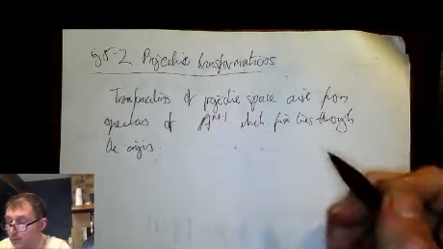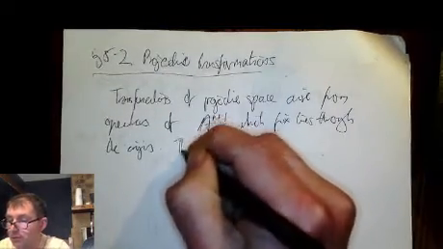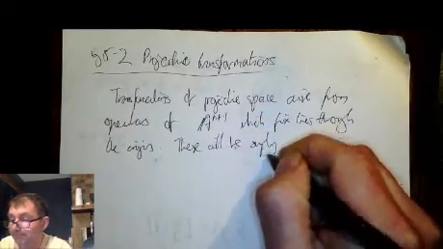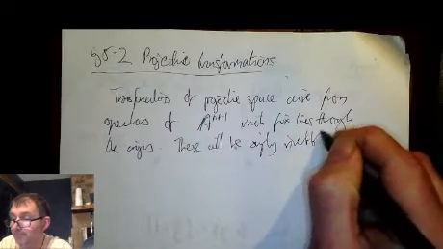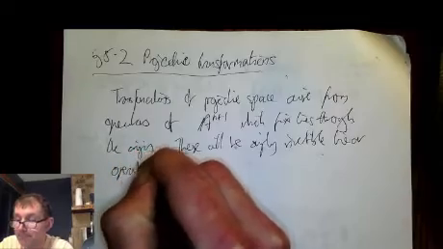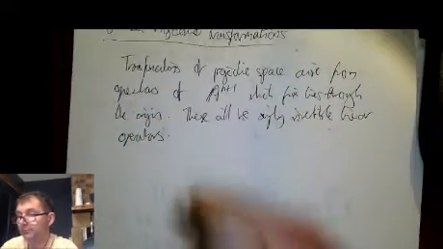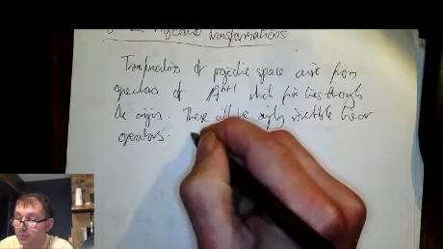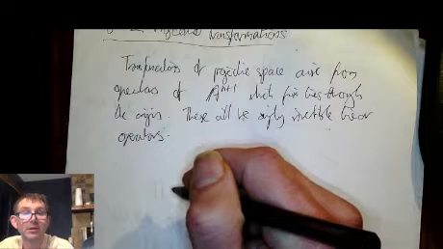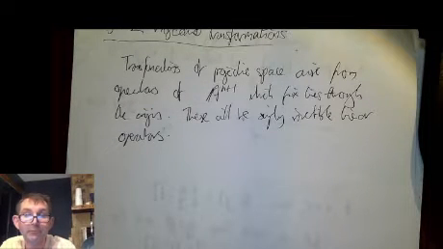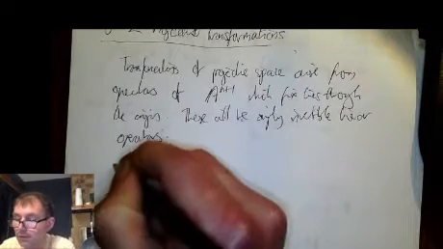So these will be simply invertible linear operators. I think probably best to go straight in for an example here, which I will do after I've given the definition.